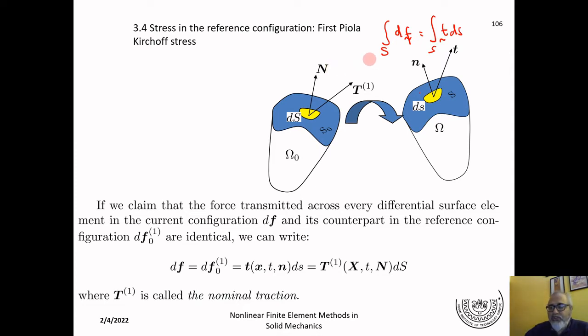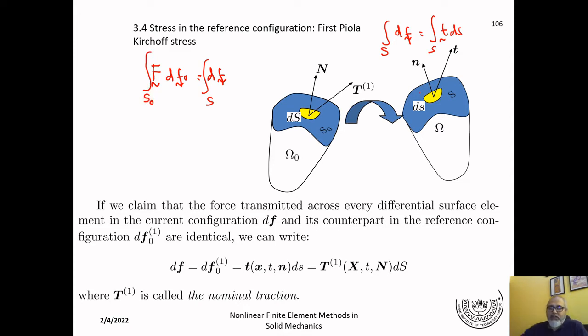Now, we had earlier assumed that df and df0 are point to point the same. Now let us say that we have another df0 which is F, so that F df0 is equal to df. So the total force that is transmitted by the upper part on the lower part is of course this, and then it is obtained in the reference configuration by doing this.